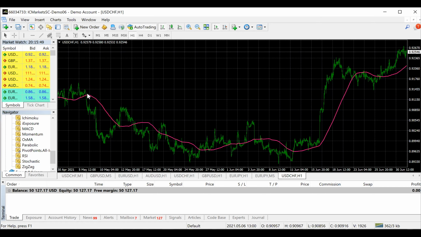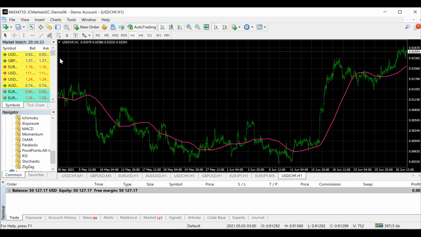But when it's a bit far from the price, then there is high volatility. You can see here, when it's close, the volatility is not much. But when it's a bit far from it, then there is high volatility. It's not too close to the market here because there is high volatility. So you can use moving average to measure it.